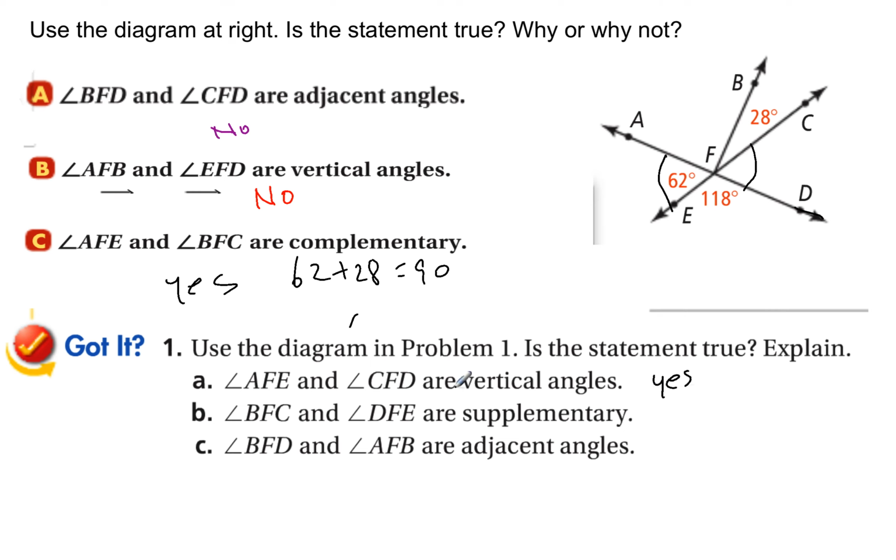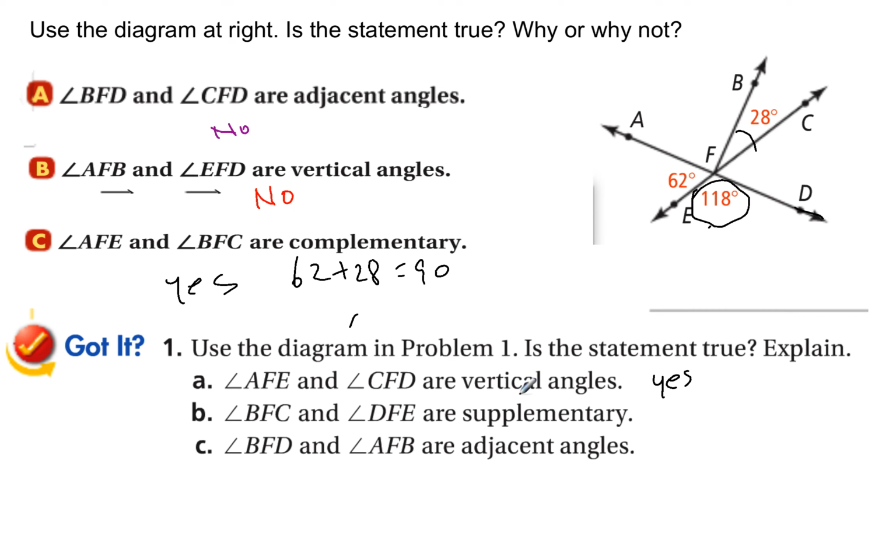How about the next one? It says BFC and DFE are supplementary. Let's erase what we've got here so we can mark up this diagram again. BFC is this angle over here, and DFE is this angle over here, 118.